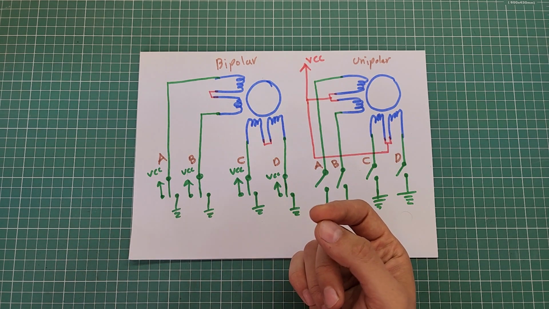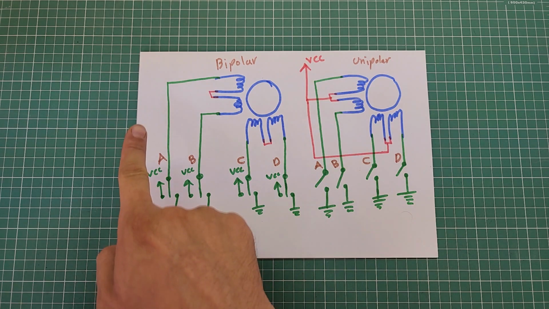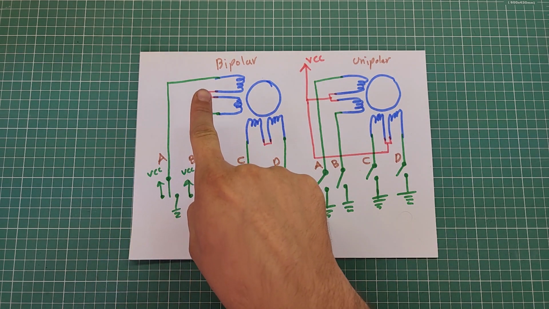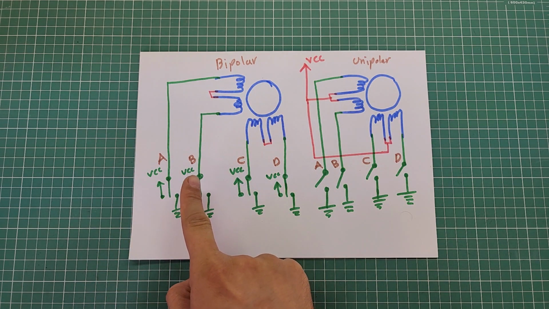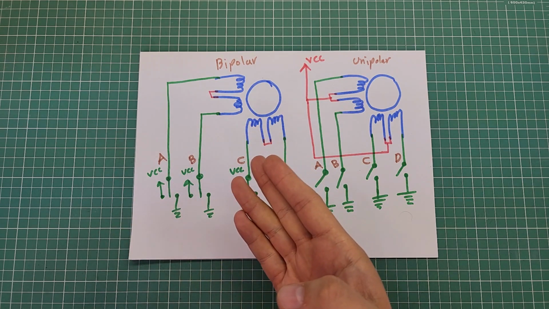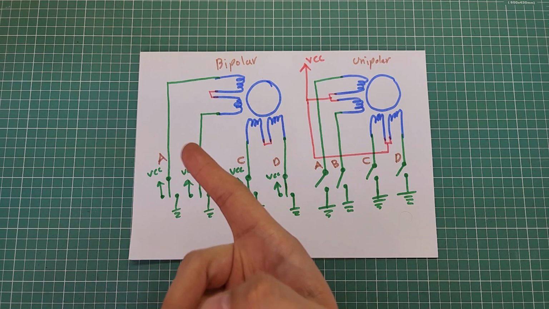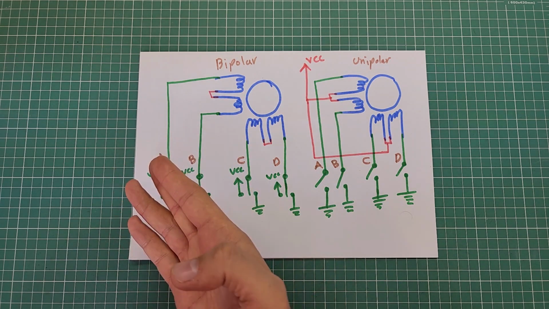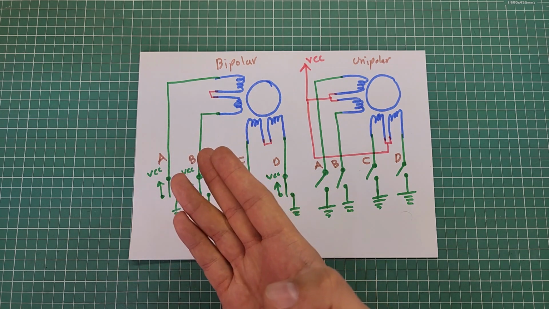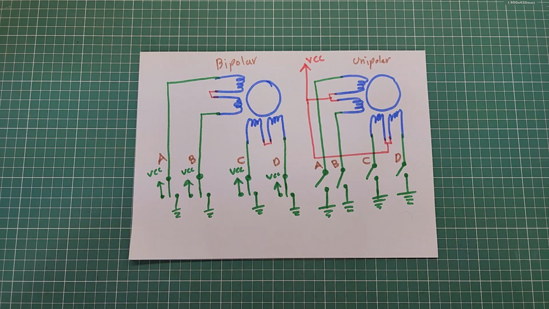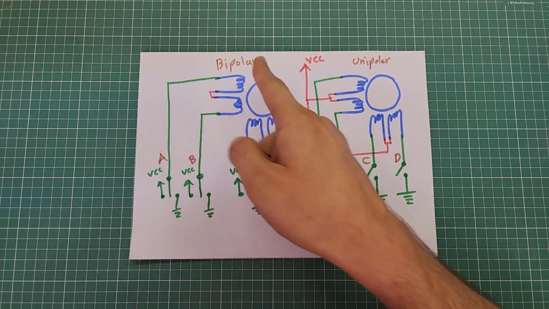For example, if the driver applies source voltage to A and ground voltage to B, then the current will flow from A to B. But if the driver applies source voltage to B and ground voltage to A, then the current will flow from B to A. It means the direction of the current can be changed. So this method is a bipolar method.